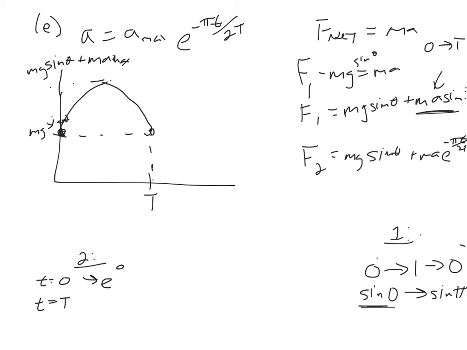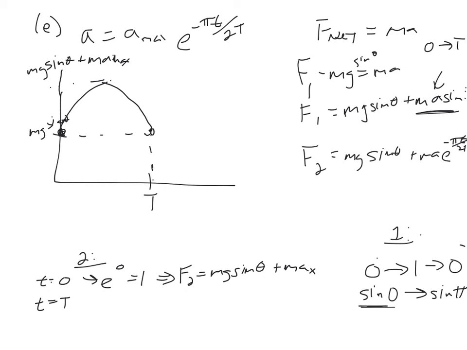Let me just double check. Oh, wait, sorry, e to the 0. Yeah, e to the 0 equals 1, which means that F2 equals mg sine theta plus ma.